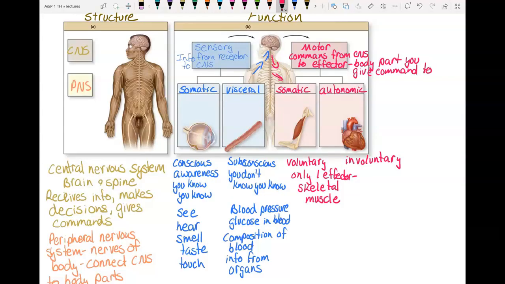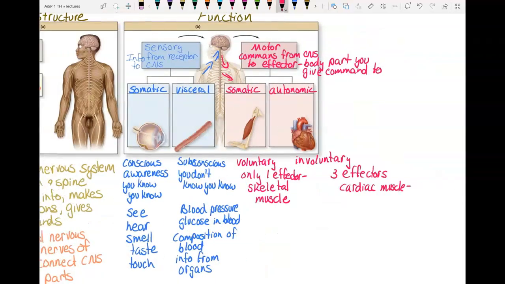Involuntary, or autonomic, has three types of effectors. As you can see in the picture there, the heart, so cardiac muscle. And to put a little note here with cardiac muscle, your brain doesn't tell your heart to beat. It beats on its own, but your brain can tell your heart to go faster or slower.